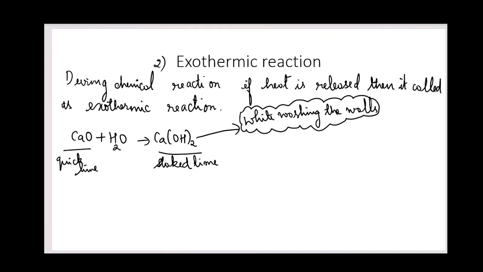After whitewashing, after one or two days, you can see a shinier surface, the walls are shining. That is because this calcium hydroxide reacts with the carbon dioxide present in the atmosphere and forms calcium carbonate.